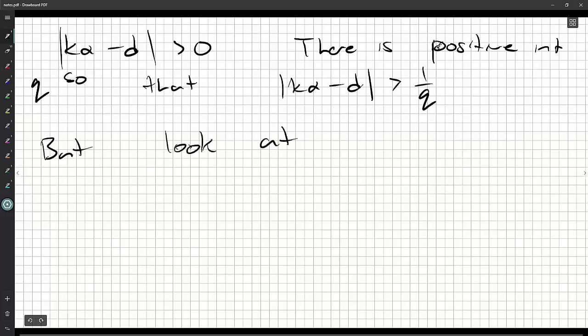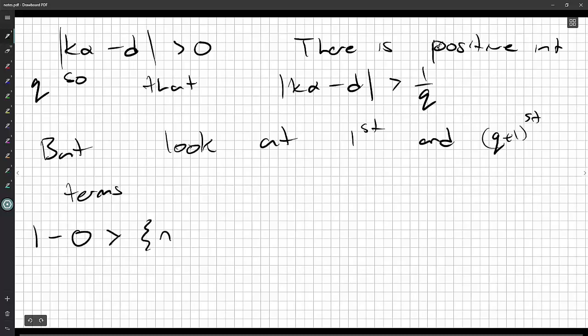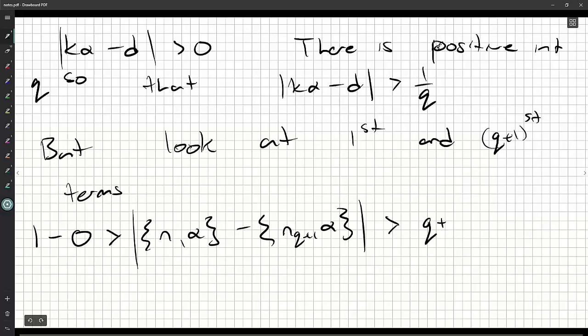But look at the first and the q plus first terms. 1 minus 0 has to be bigger than the absolute value of n1 alpha minus n q plus 1 alpha. But the difference in those has to be at least q times 1 over q.